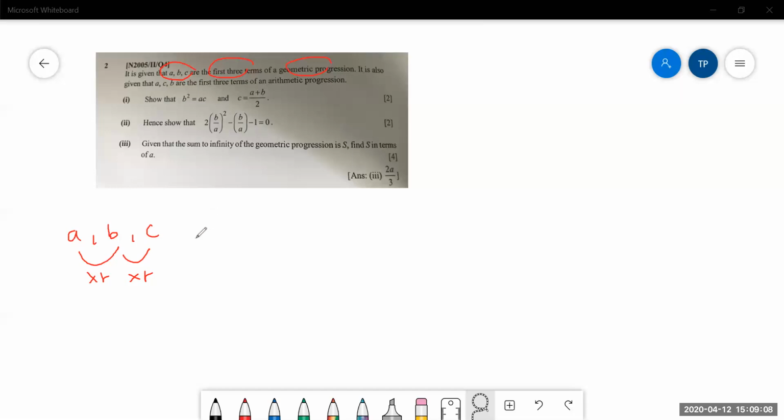So it's also given that A, C, and B are the first three terms of an arithmetic progression. What does that mean?